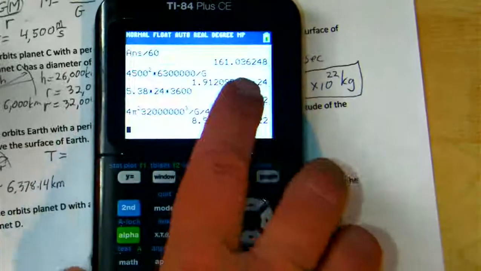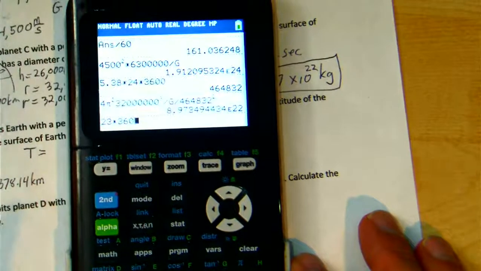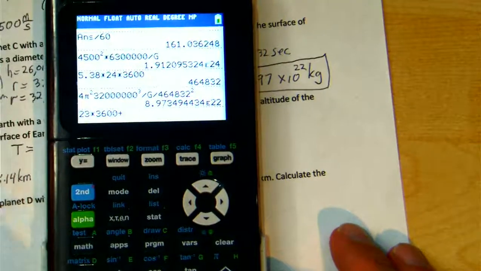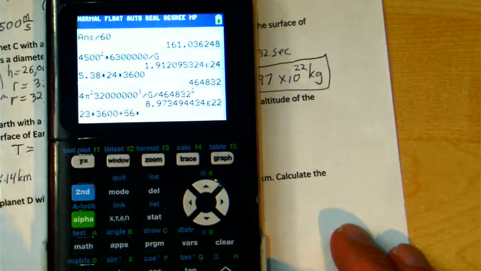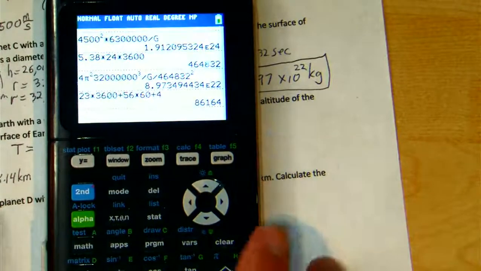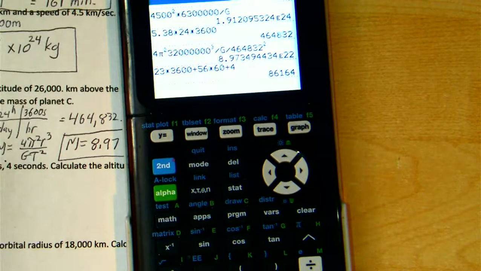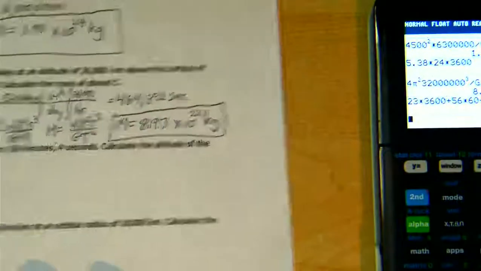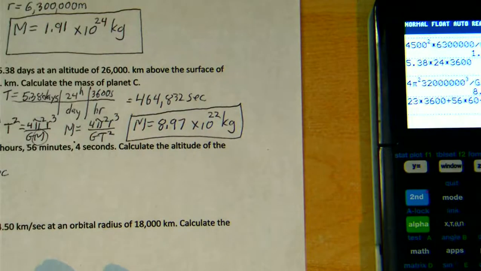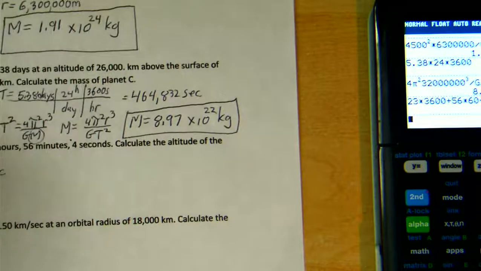I'm just going to do it on my calculator. 23 hours times 3,600 seconds per hour plus 56 minutes times 60 seconds per minute plus 4 seconds works out to be 86,164 seconds.